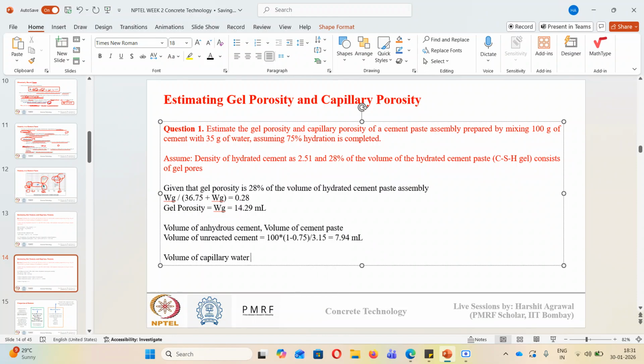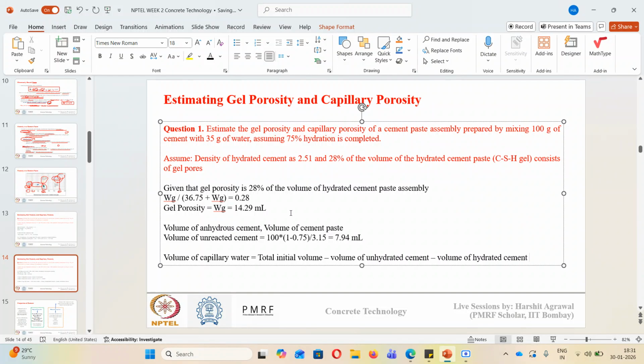So we can say volume of capillary water is nothing but total initial volume minus volume of unhydrated cement minus volume of hydrated cement.